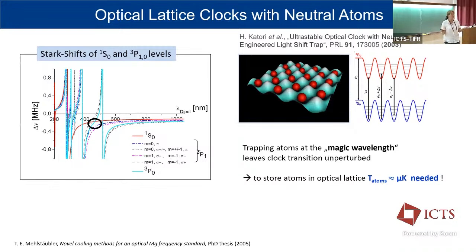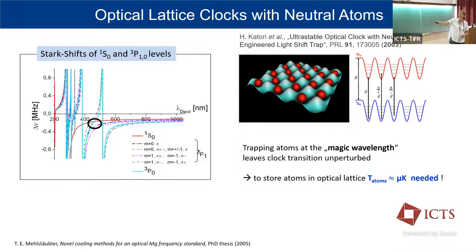And then an ingenious idea came up by Hidetoshi Katori in 2003. He published the ultra-stable clock with neutral atoms in an engineered light shift trap. And what he meant by this, he was searching for a magic wavelength. And this is typically where you have such crossings. This was an old calculation from my PhD thesis in magnesium.